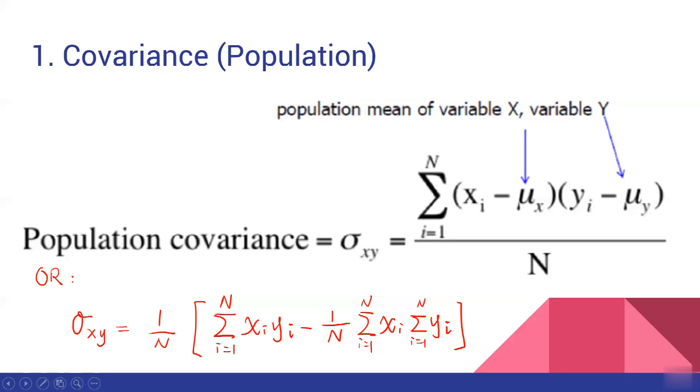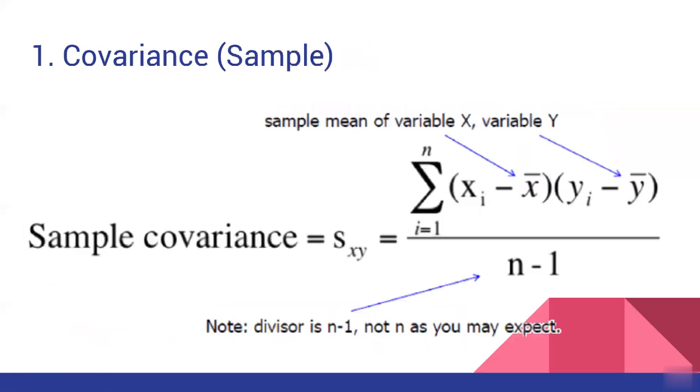Okay, have you finished? All right, next, let's have a look at how do we calculate the sample covariance. Sample covariance is very similar to the population covariance. The only difference here is first, we use SXY to denote the sample covariance.